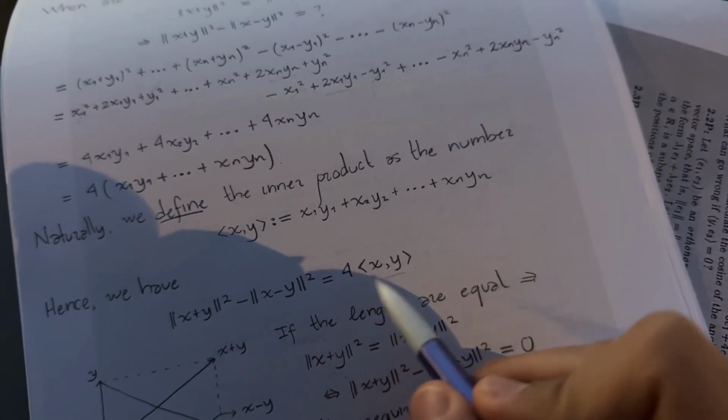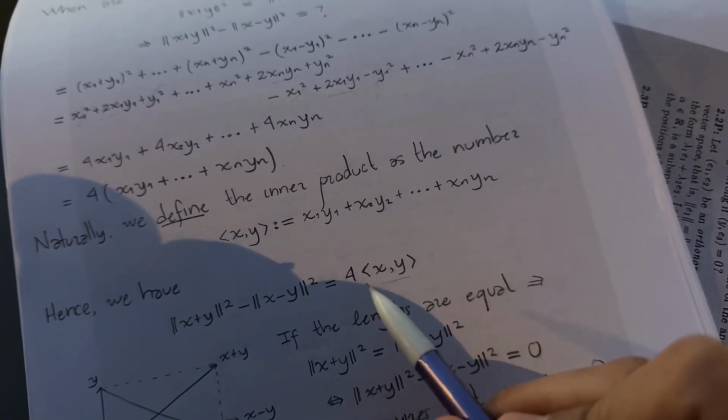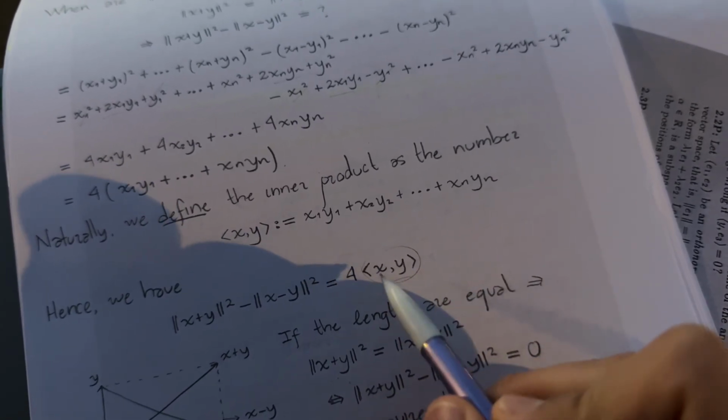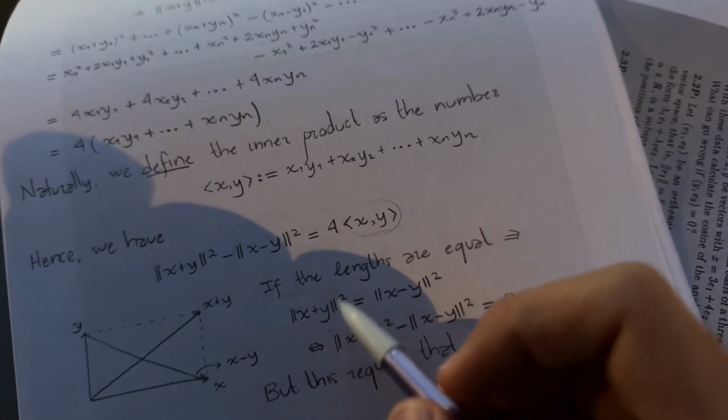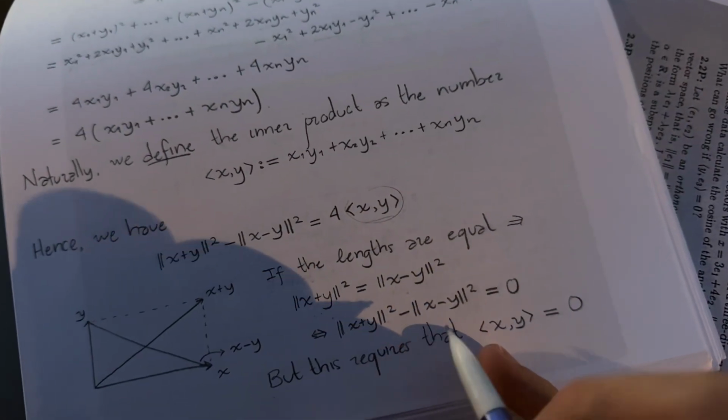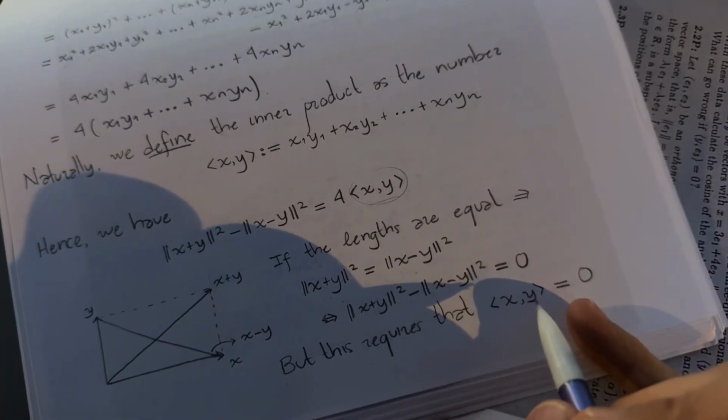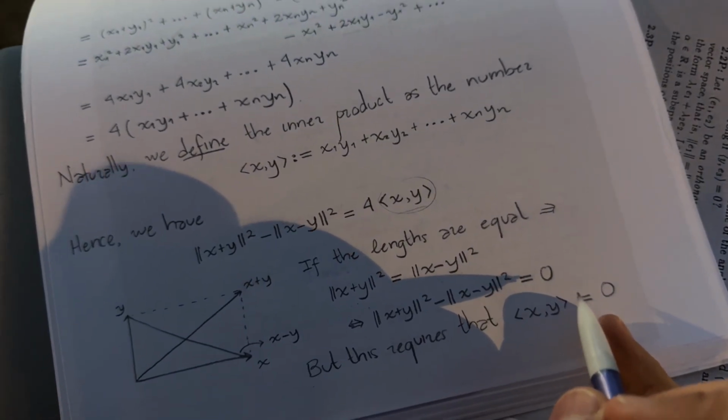The only way the expression on the right is 0 is if this number we have defined is 0, because 4 cannot be 0. So this requires that the inner product between x and y has to be 0.